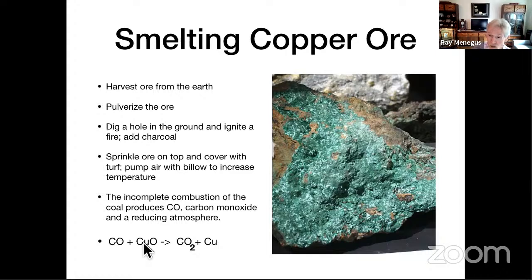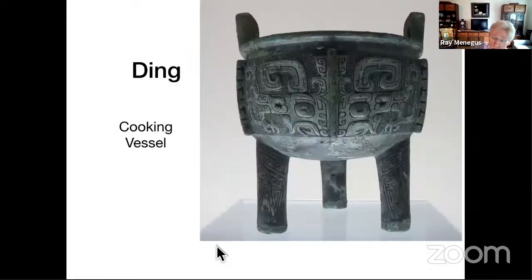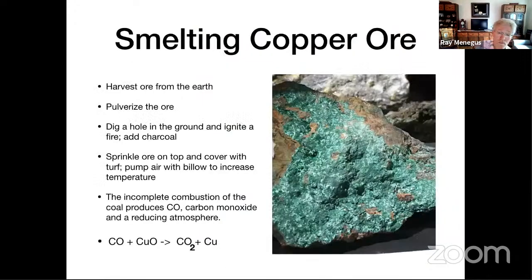But copper is +2 in its valence. Its outer shell electrons are missing. The carbon monoxide binds with the copper oxide and steals the oxygen, turning it into carbon dioxide and releasing the pure copper metal in a neutral form.